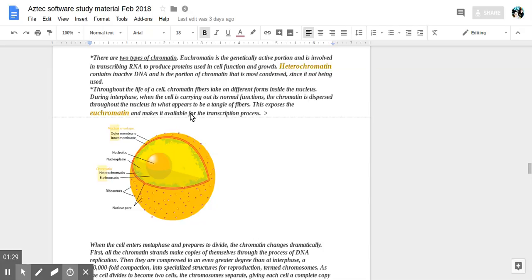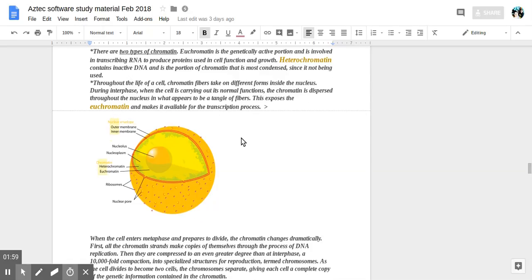When it's active, it exposes itself for transcription, or getting a template of RNA replicated off of itself to make proteins off of the sections of DNA called genes. This is euchromatin. So just different terms.